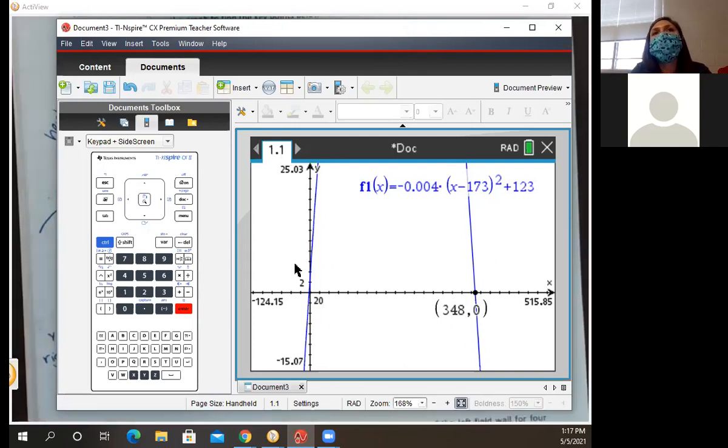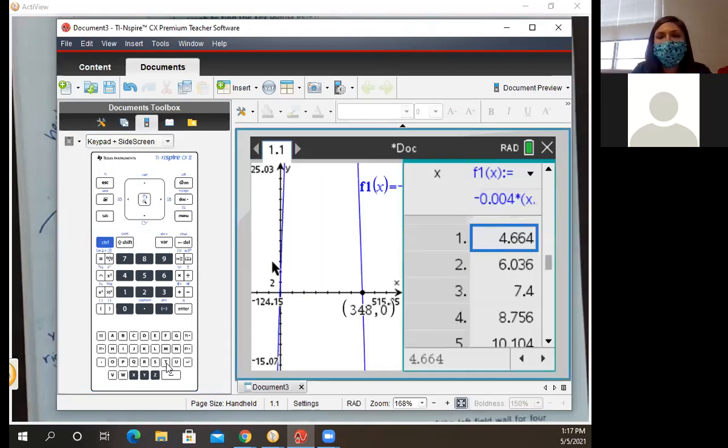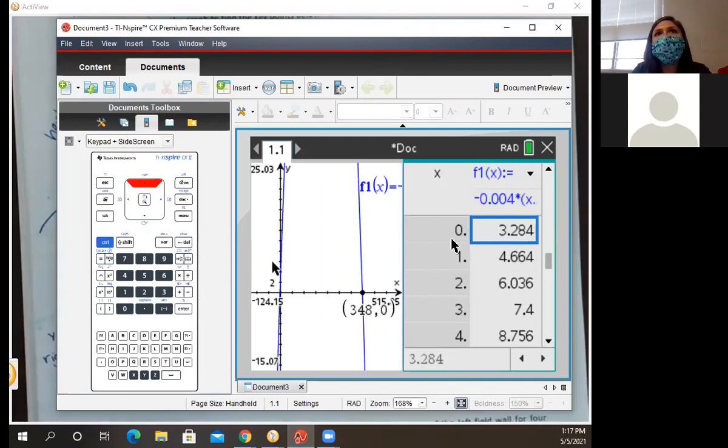And then I want to find my y-intercept. So the blue control button, and then T, arrow up to when x is 0, and there's my y-intercept, 3.28. And then I'm going to put this away.